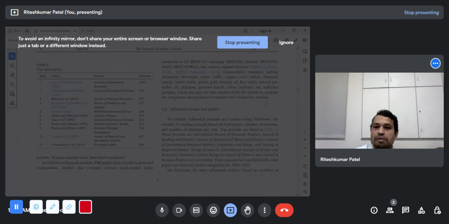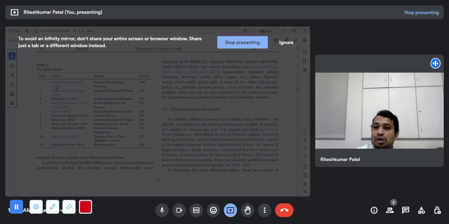Then we have explored the top cited articles, which shows total citations and how much they cover.